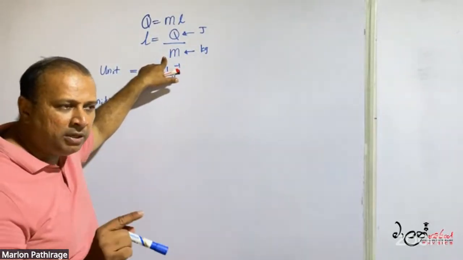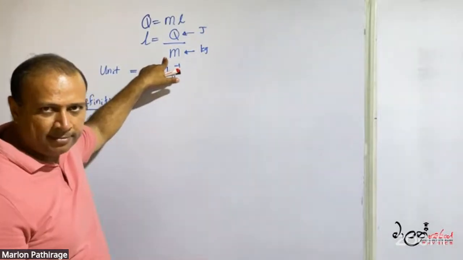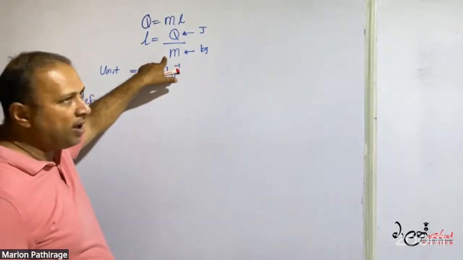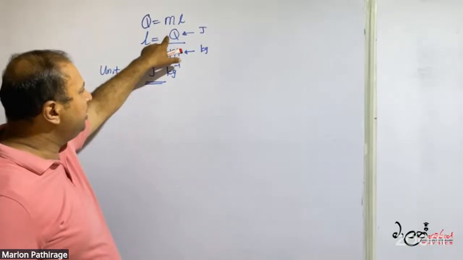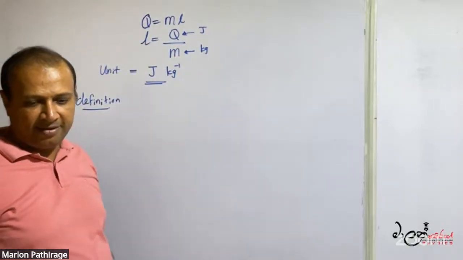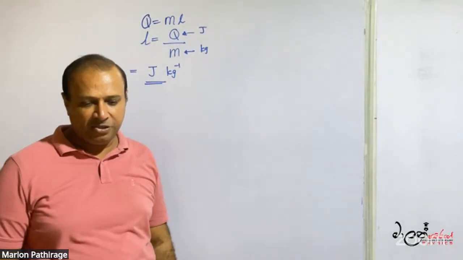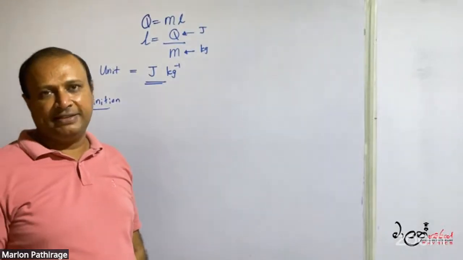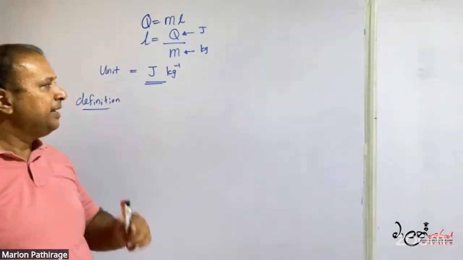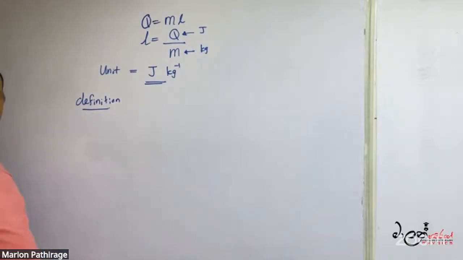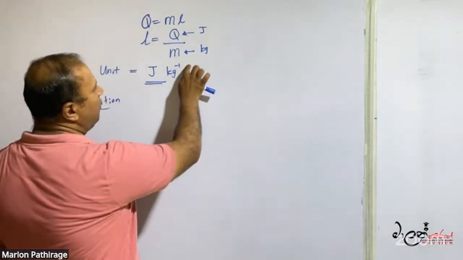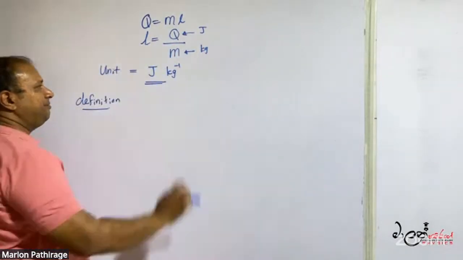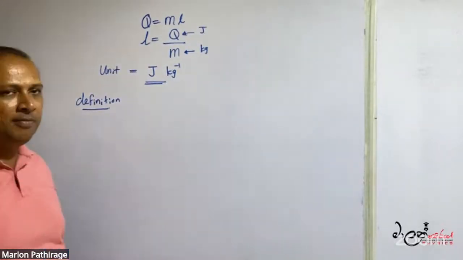If the denominator is 1, the numerator should be equal to the left-hand side. That means when m is equal to 1, Q is equal to L. Very clear definition then.